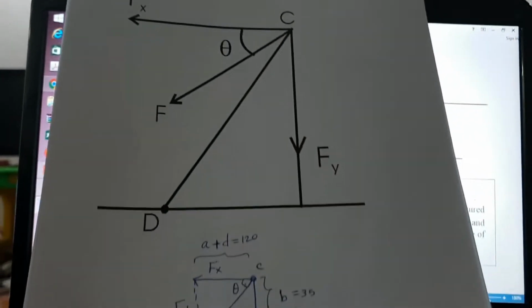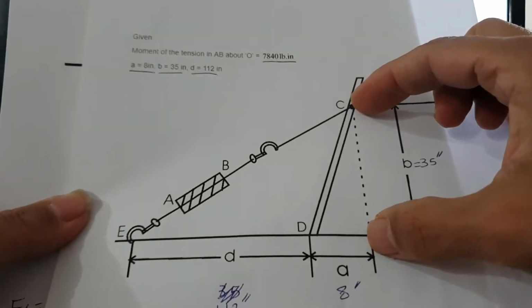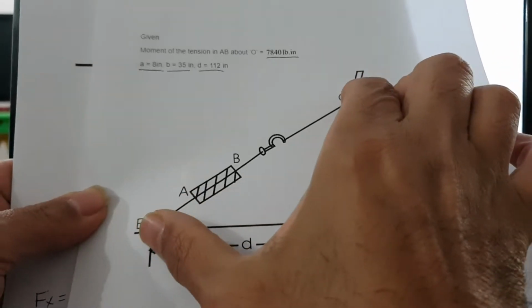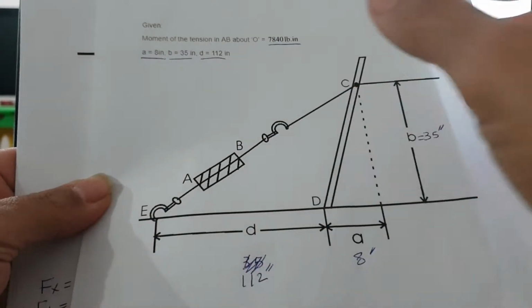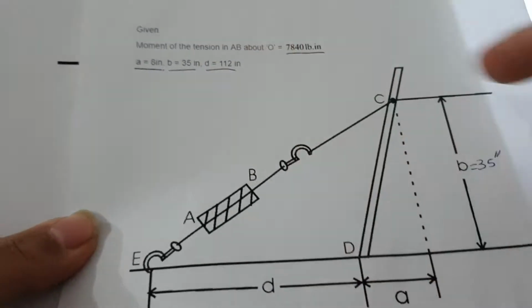So let's go back to the figure. Remember, for Fy you should have 35 inch, and for the whole triangle in the x-axis, 8 plus 112.